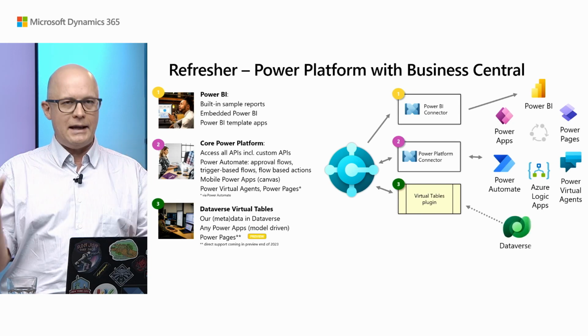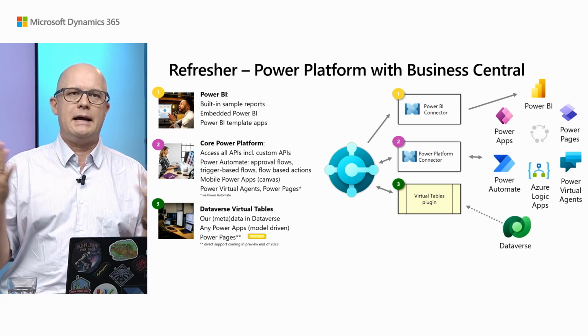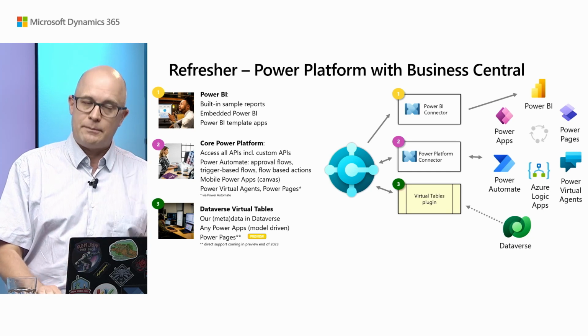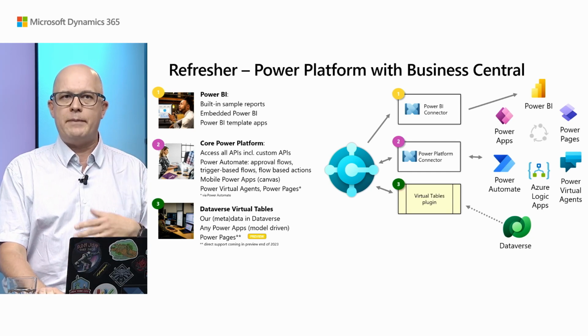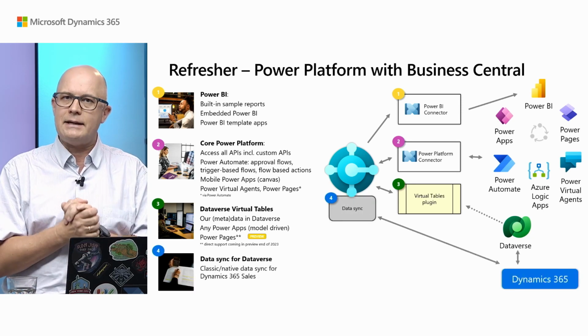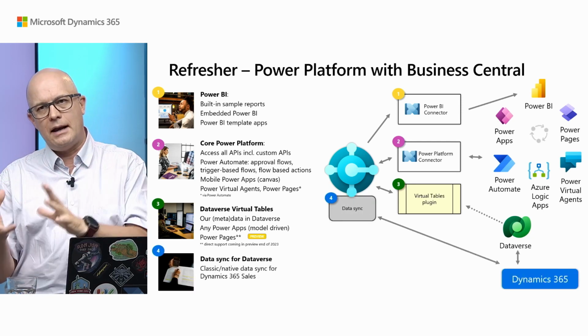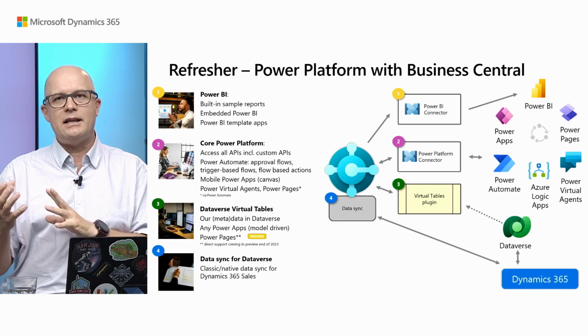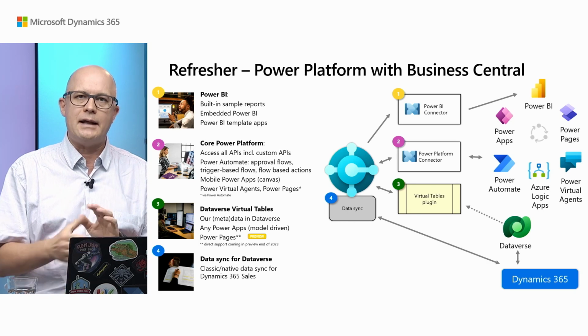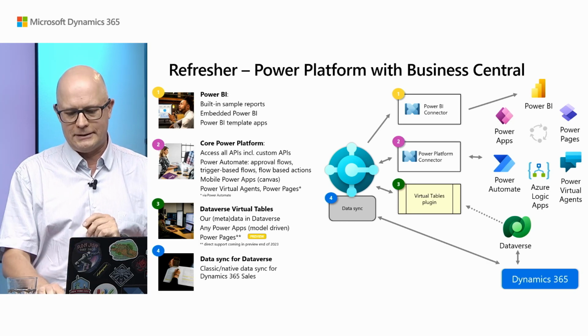We offer Dataverse Virtual Tables that virtualize data into Dataverse. That will support Power Pages natively, as I mentioned a moment ago. And then we also offer Data Sync, which is a technology that allows you to sync data to Dataverse, and that is mostly to connect to other Dynamics 365 products.